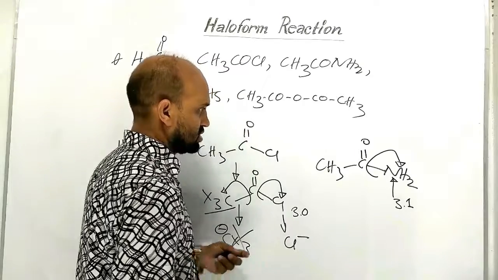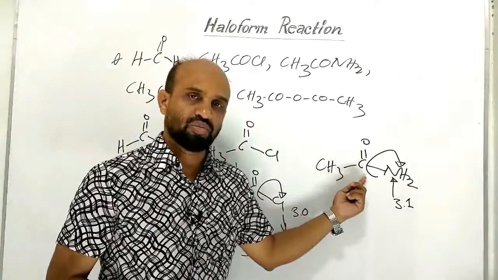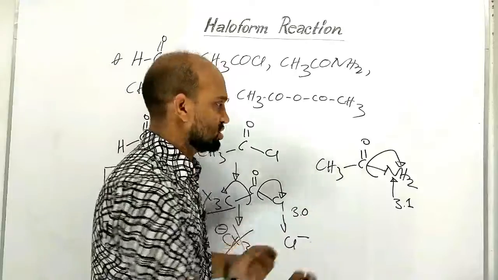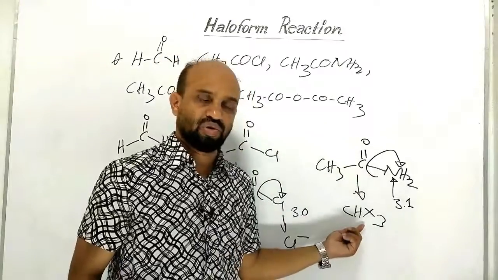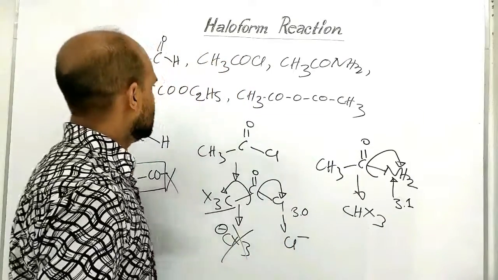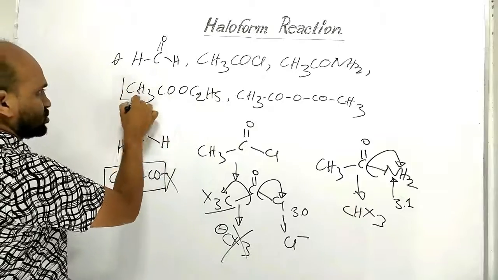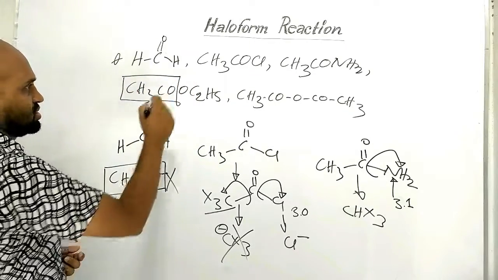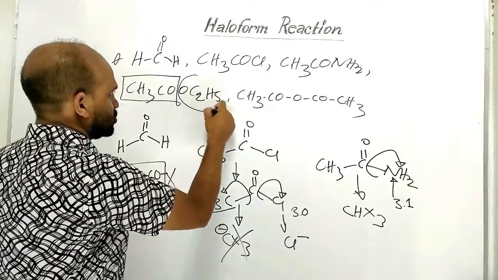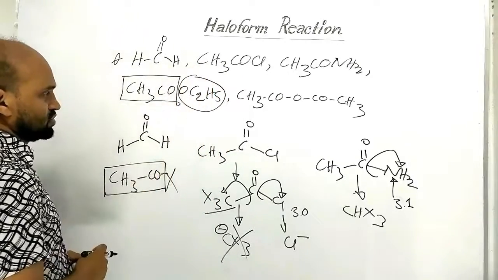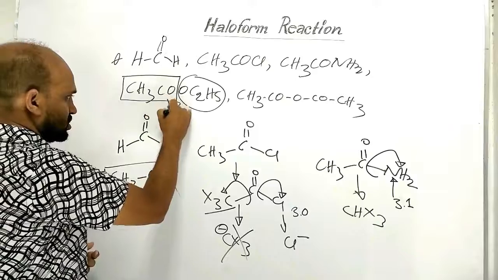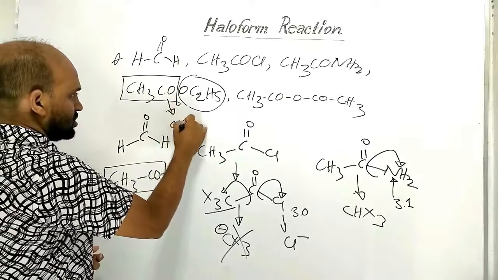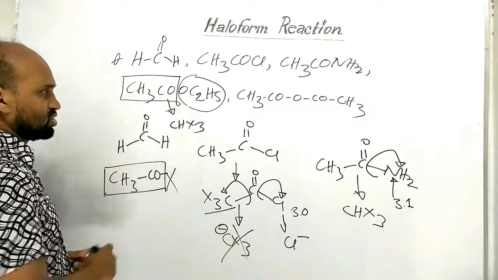That is why from acetamide it cannot be formed. Similarly, in this compound methyl carbonyl group is present, but this group acts as beta leaving group. That is why from this compound haloform is not produced.